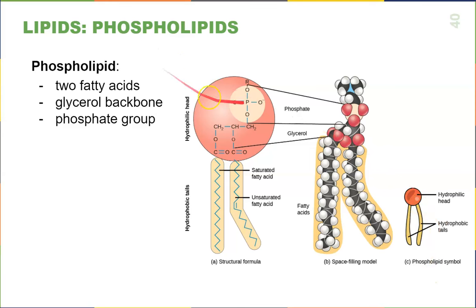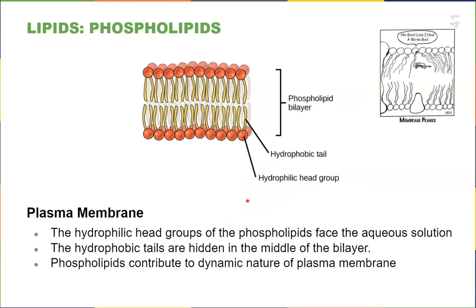So phospholipids typically look like this on a molecular scale, and we might refer to them like that when we draw a cell membrane. So they have this head region, which is where the glycerol and the phosphate are, and then they have the tail region. So the head region is going to be hydrophilic. So remember, lipids hate water. But phospholipids can tolerate water because of that phosphate group, which is located in the head region.